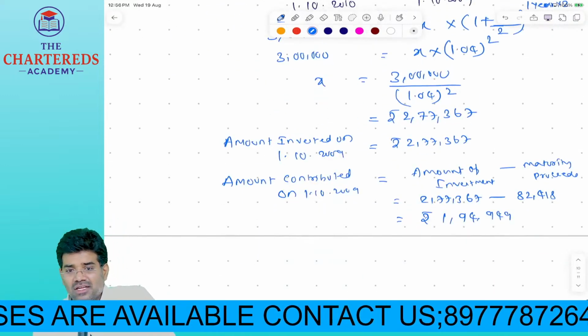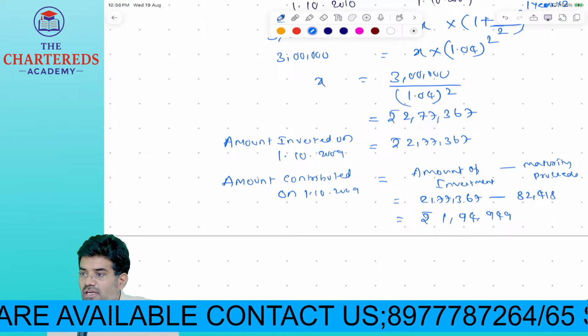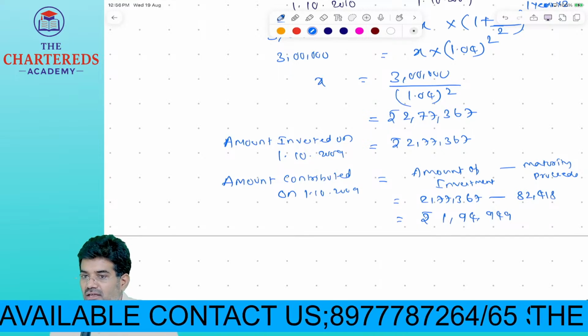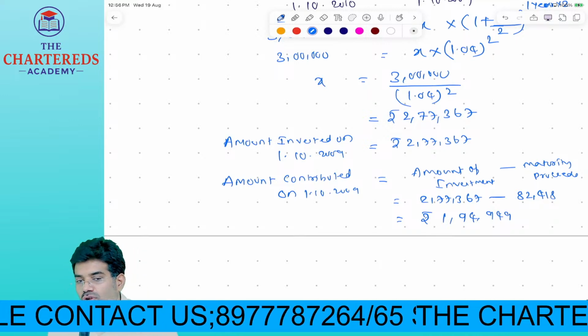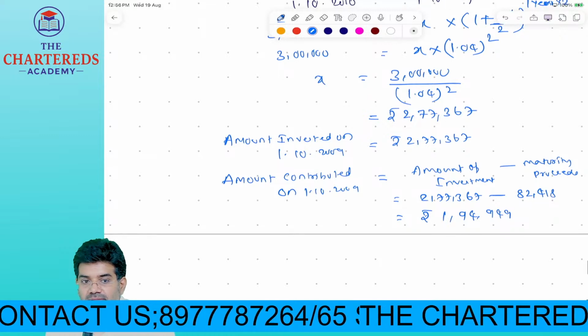Now for all further calculations, you should know how to use your calculator. This was a simple one, so we are able to manage, but for all other cases, you should know how to use your calculator.